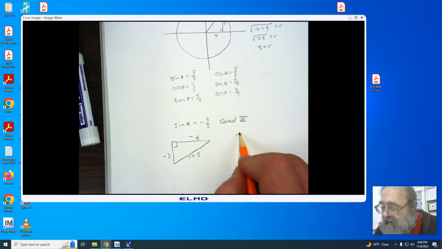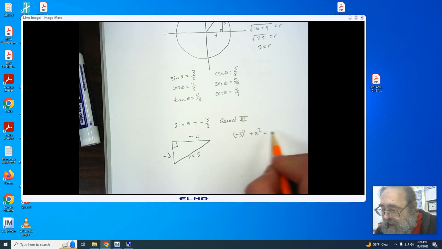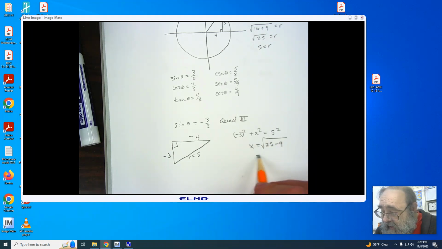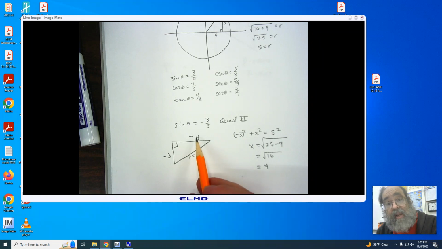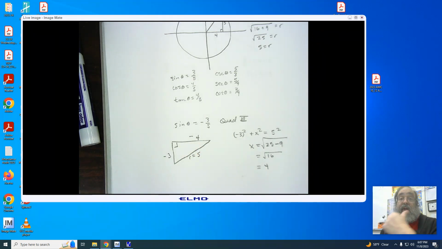Once again, that's -3 squared plus my x squared has to equal 5 squared. And therefore, x is the square root of 25 minus 9. That gives me the square root of 16, which has to be 4. We then put direction, being in the third quadrant, has to go toward the negative x.